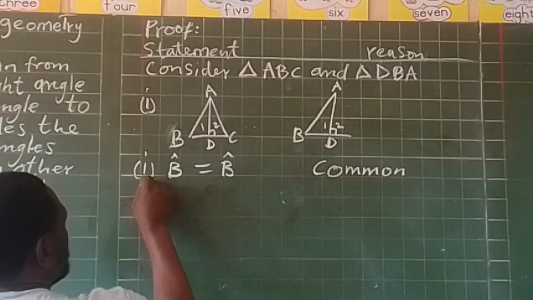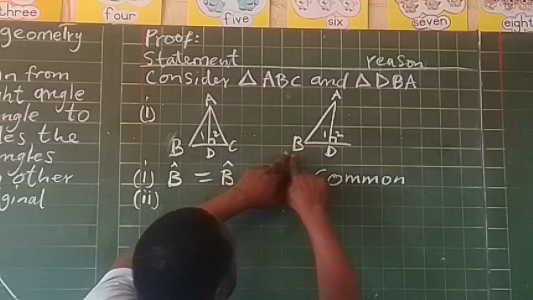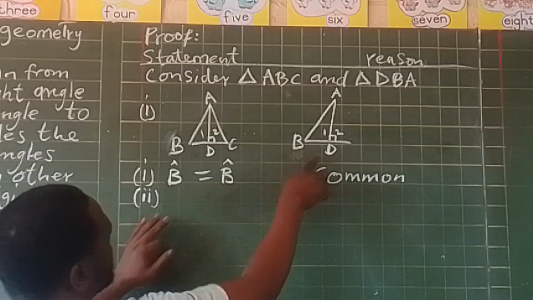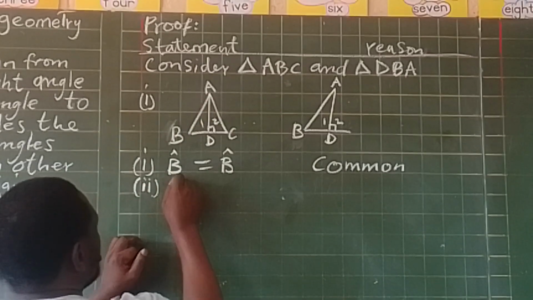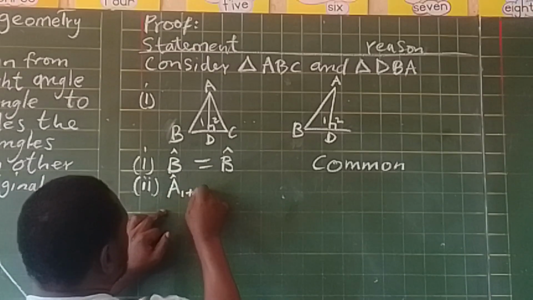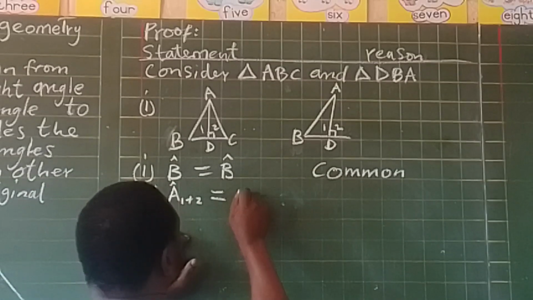Point number 2, you come and say, you see, in BDA you have D1, we have A1 and 2 is equal to D1.